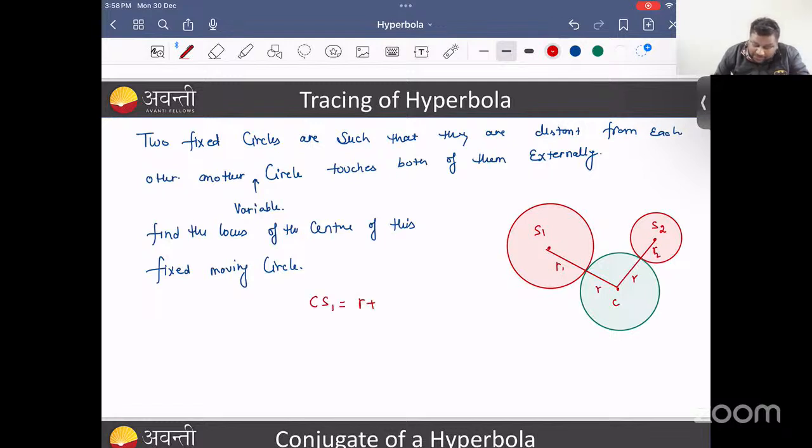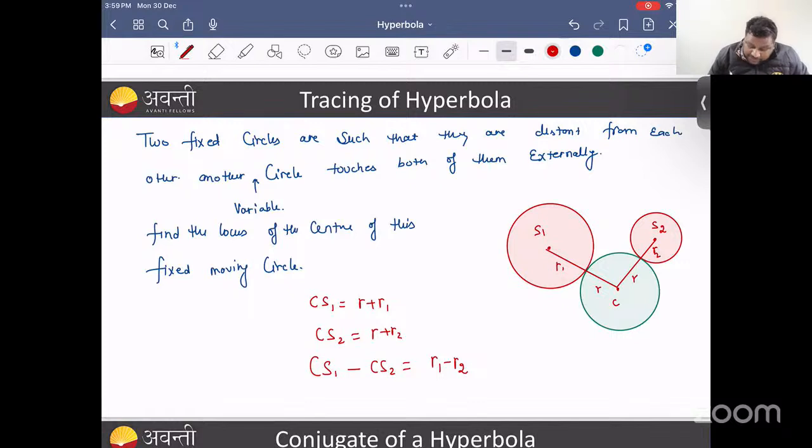CS1 is R plus R1. What is CS2? CS2 is R plus R2. Got it? Now if I do CS1 minus CS2, this is going to be what? R1 minus R2. Am I clear?